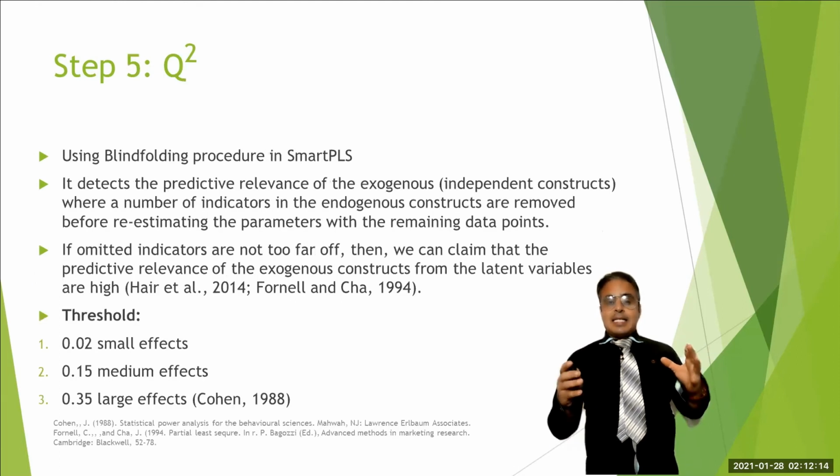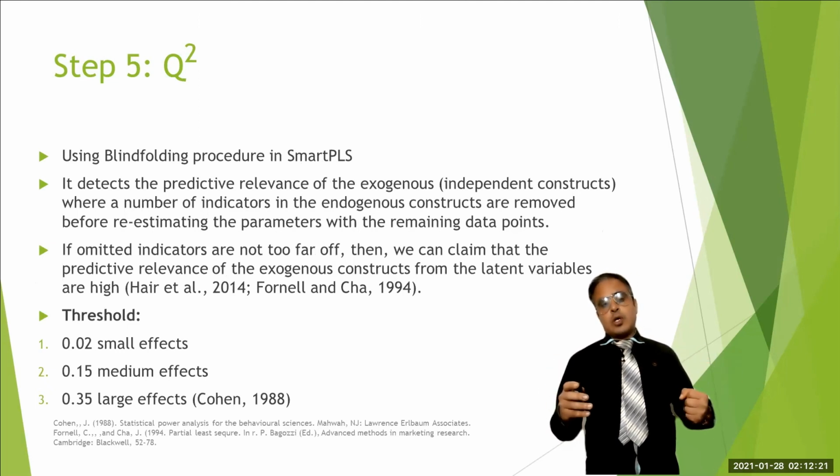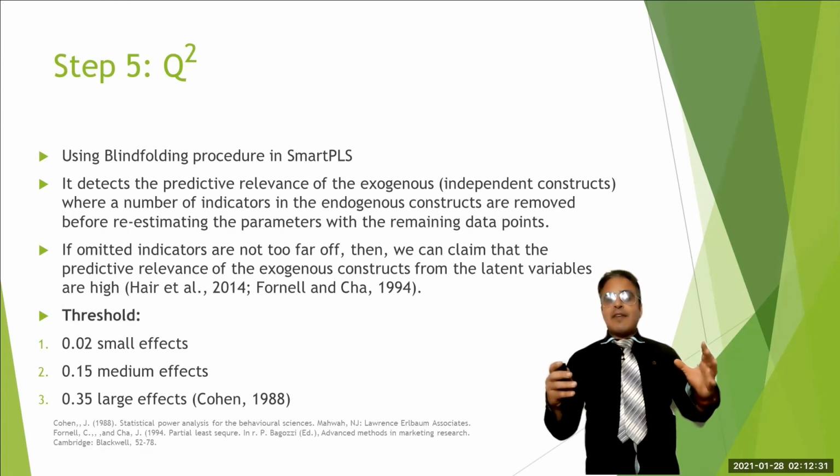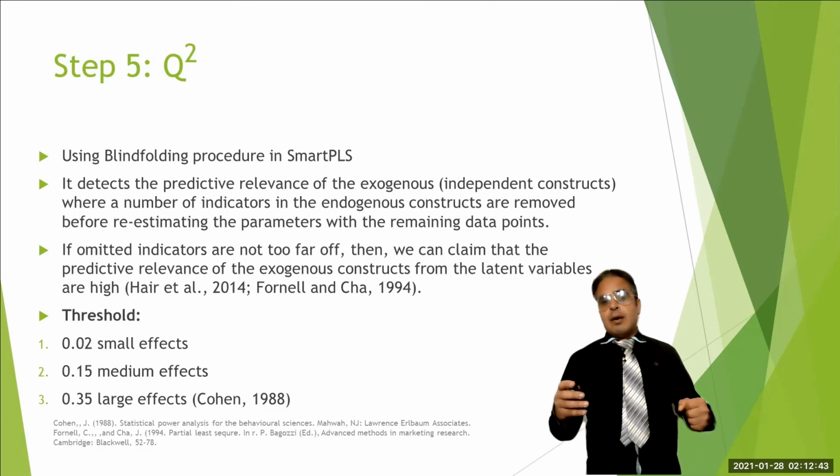And the last step in our structural model assessment is the predictive relevance, or Q-square. Usually this is calculated through the blindfolding procedure in SmartPLS. It detects the predictive relevance of the exogenous constructs, where a number of indicators in the endogenous constructs are removed before re-estimating the parameters with the remaining data points.